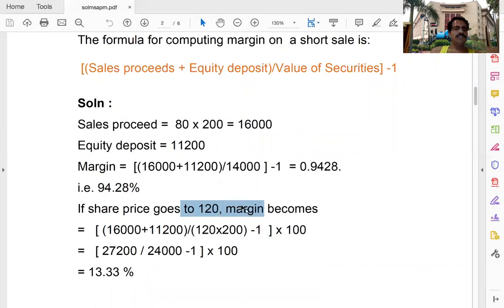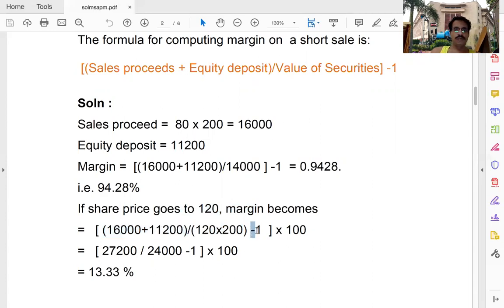Suppose instead of share price falling, which was the main purpose of short selling, the investor is unlucky and the share price goes to 120. What happens then? Your denominator, which is the value of securities, now becomes 120 times 200, and your numerator remains the same, 16,000 plus 11,200, which is sales proceeds plus the equity deposit.